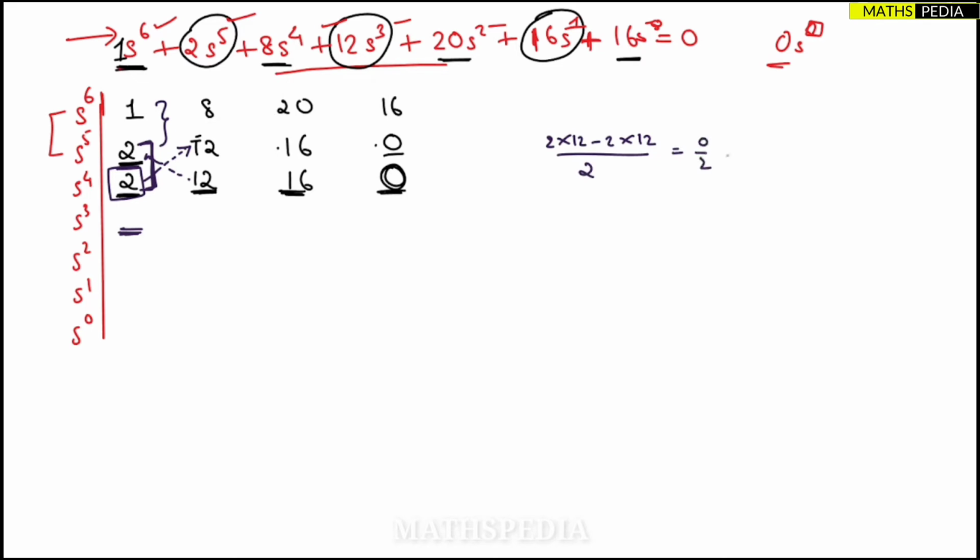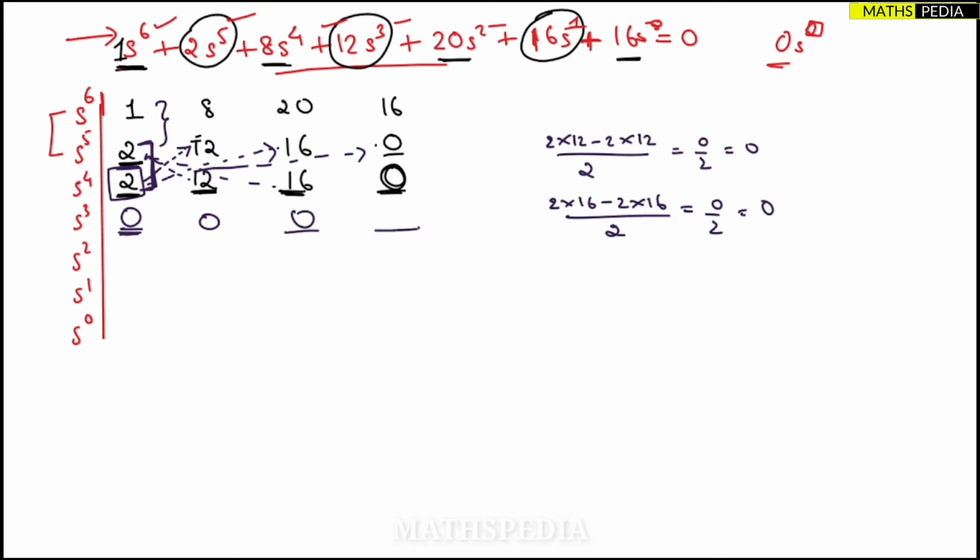So it will be 0 by 2, which is equal to 0. This has become 0. Now next, 2 into 16 minus 2 into 16 divided by 2 equal to again 0 by 2, 0. This element 2 into 0 minus 0, again 0, this also will be 0.